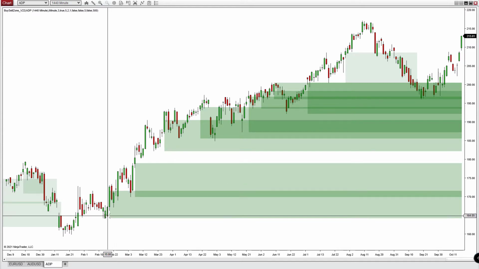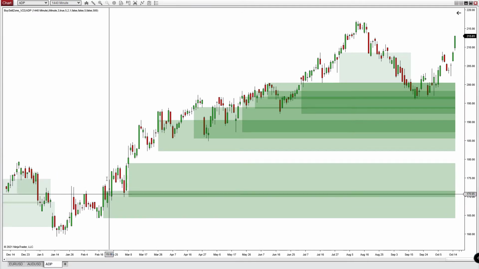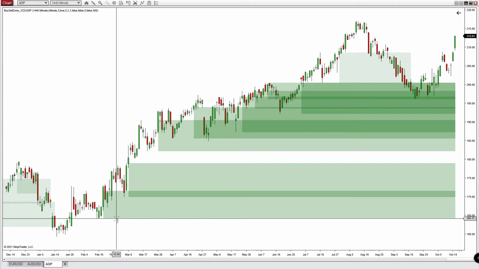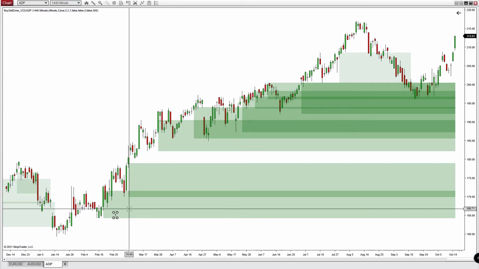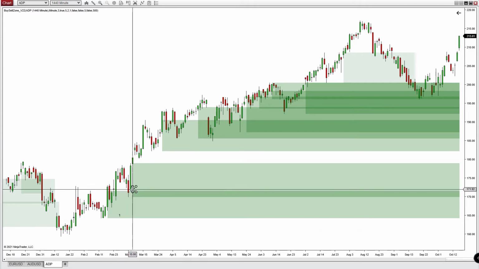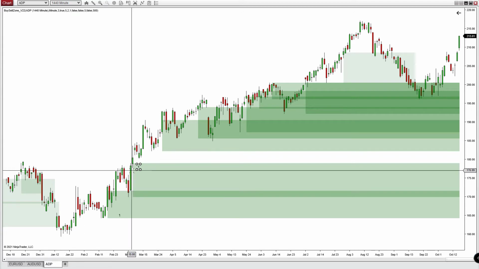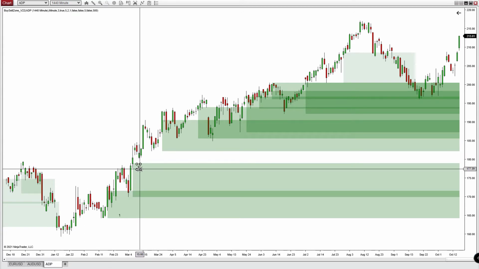All right, so we're going to start down here at this move. This is going to be a zone number 1. So this will be zone 1. And then once we have a new zone, what happens is the most recent zone is always going to become zone 1.